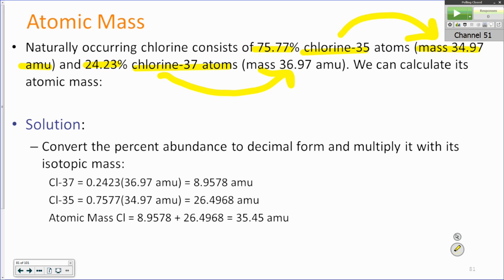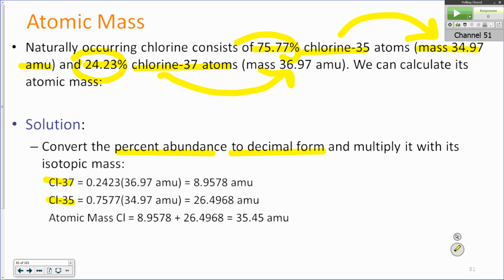So what we do when we calculate the actual atomic mass, we need to find out what the weighted average is for all the isotopes that are present. In this case, it's just the two, chlorine-37 and chlorine-35. To get the weighted average, we take the percentages and convert those into a decimal equivalent form. Those percentages are what we call the natural abundance.